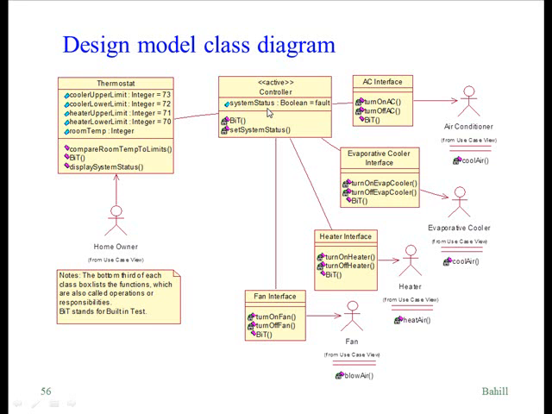Is the only information that is coming back from the AC interface for the built-in test, or is it also when it surpasses one of the thresholds telling it to turn it off? No, it's just the built-in test results. The question is, is there any other information going back from, let's say, the fan interface to the controller? In this case, it's just the built-in test results that are going to go back.